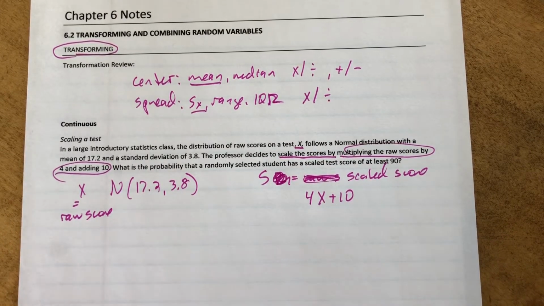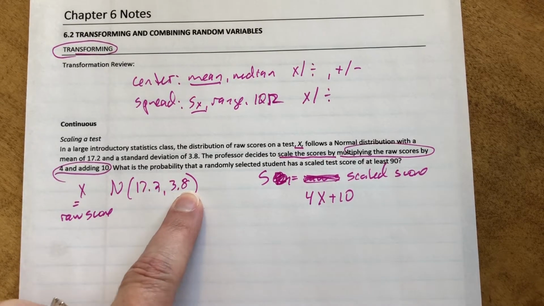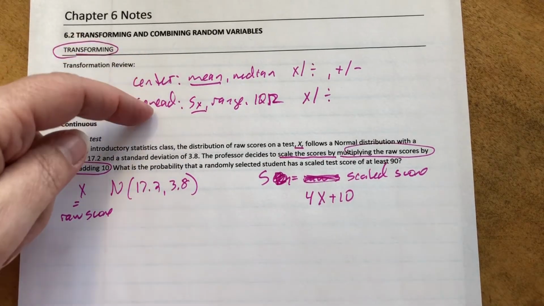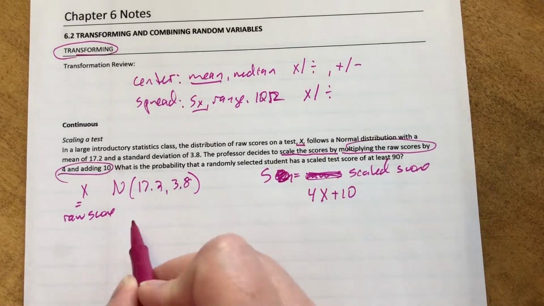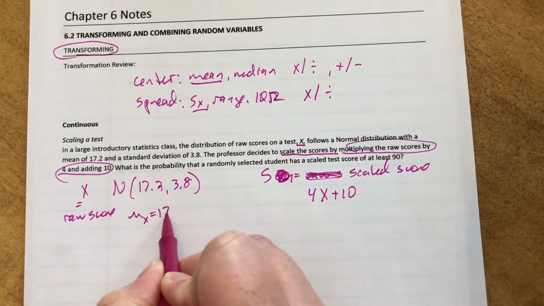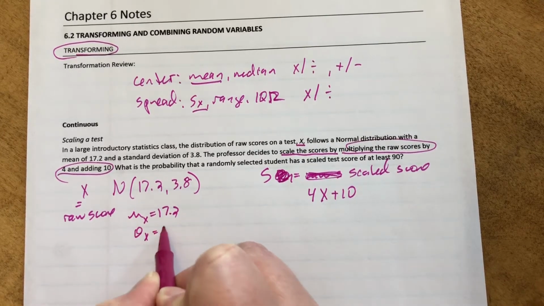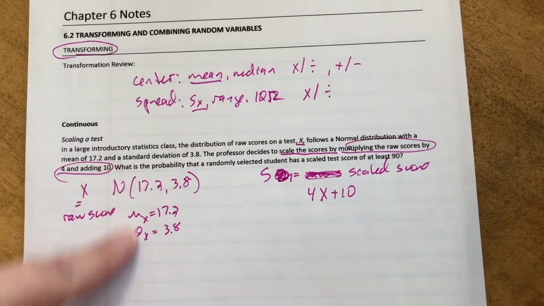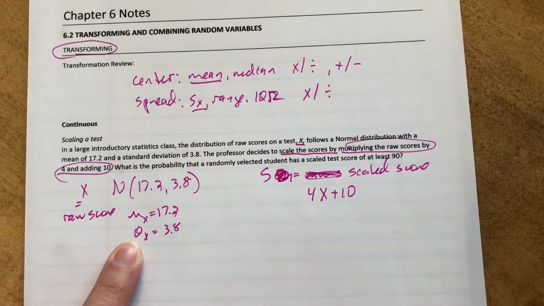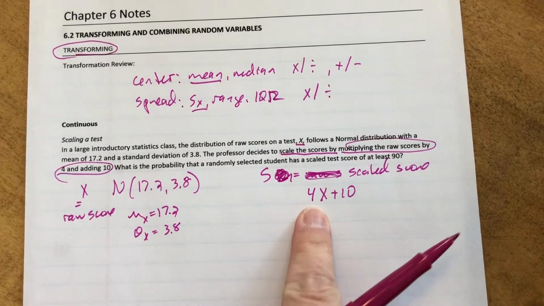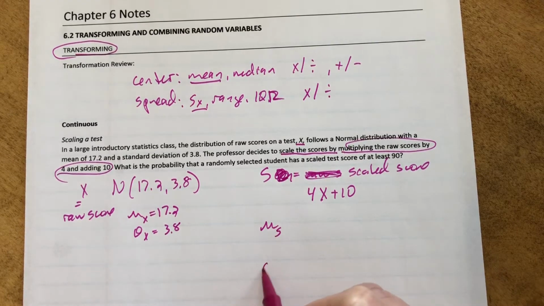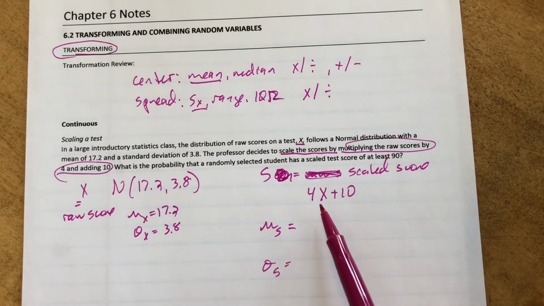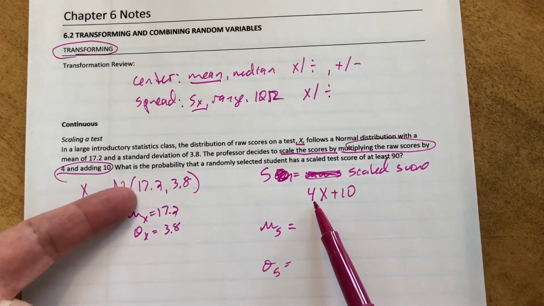But I don't need to do that. I can work with the mean and standard deviation of the raw scores and just transform it, because I know this. The mean of X is 17.2 and the standard deviation of X is 3.8. Those are my raw scores. For my scaled scores, I want to find the mu of S and the standard deviation of S. All I have to do is multiply the mean by 4 and add 10.